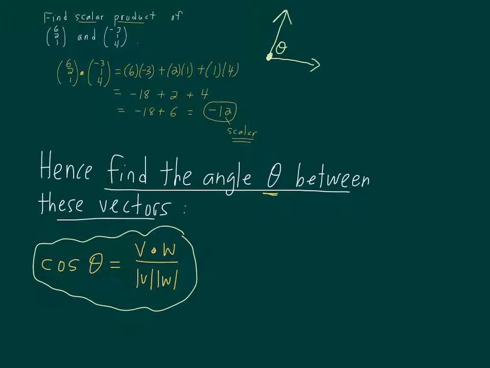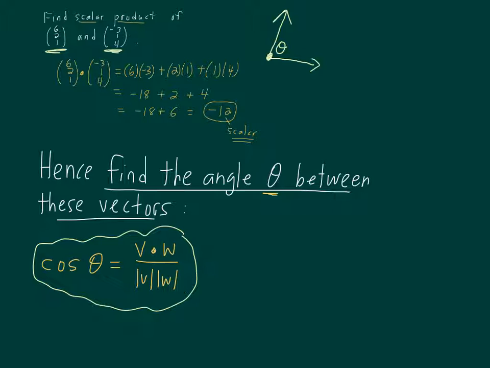So again, imagine taking these two vectors and moving them, not changing the length or the direction, so that they have the same starting point. We're trying to find the angle between them.